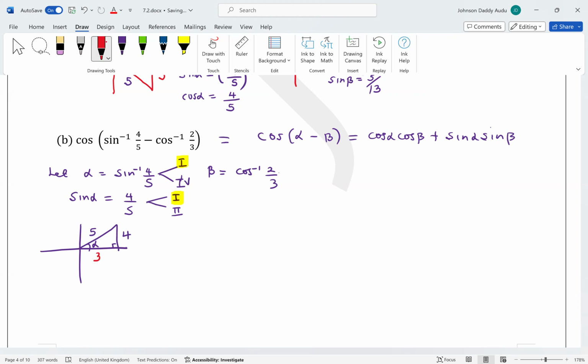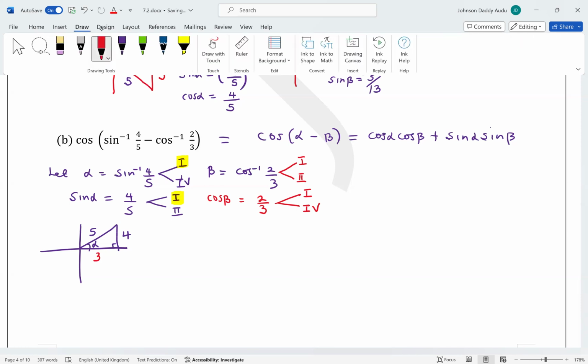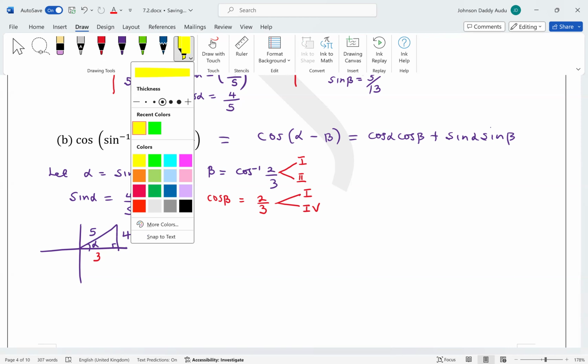Similarly here, this is cosine inverse, which is either in the first or in the second quadrant, right? So cosine of beta is 2 over 3. So this is positive. It's only possible in the first or in the fourth quadrant. So what is the common quadrant here? The common quadrant is still quadrant number 1.